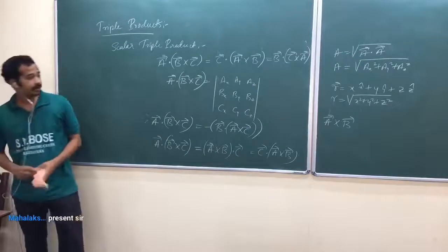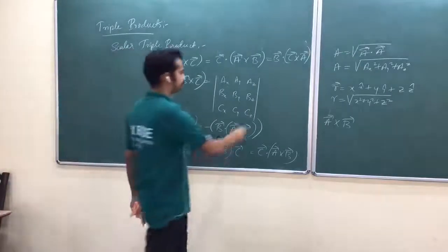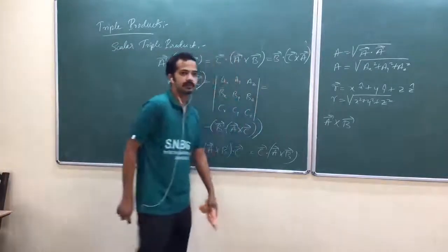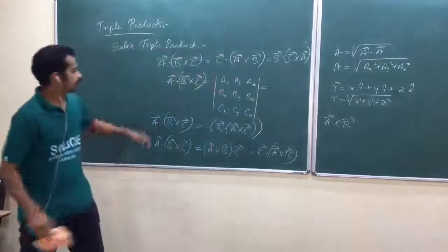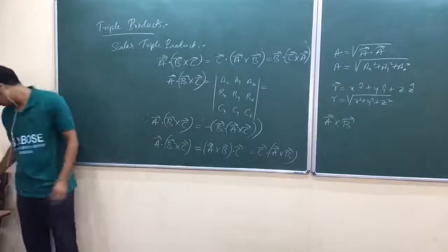Now, what is the geometrical interpretation? That's the volume of the parallelepiped whose sides are A, B, C. Can you write one sentence?